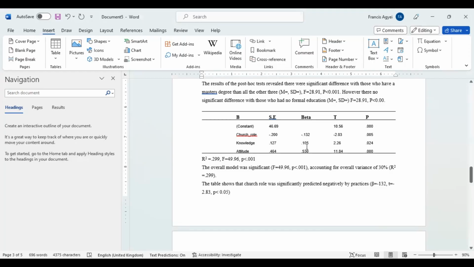So the second one is attitude, and attitude is positive.